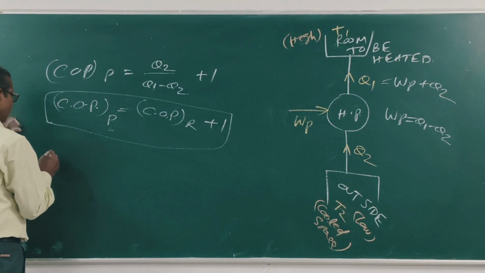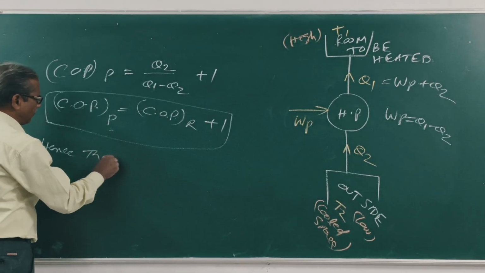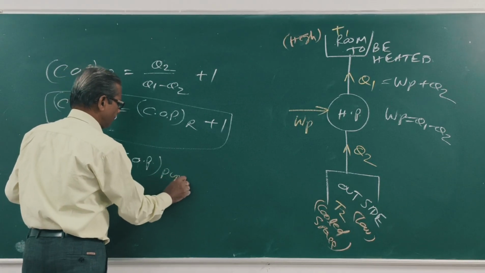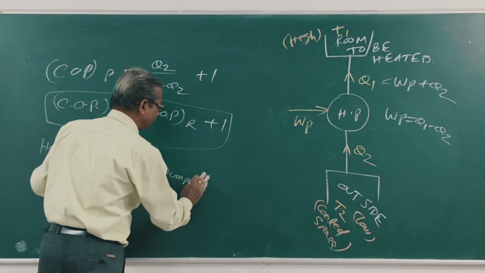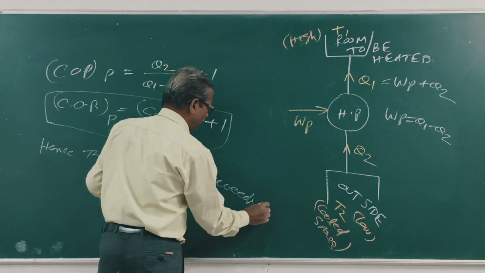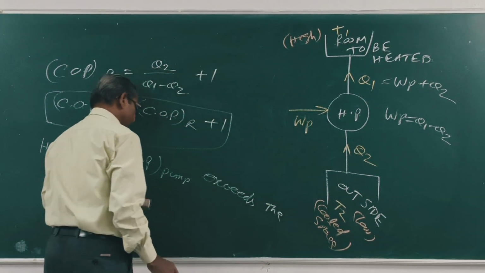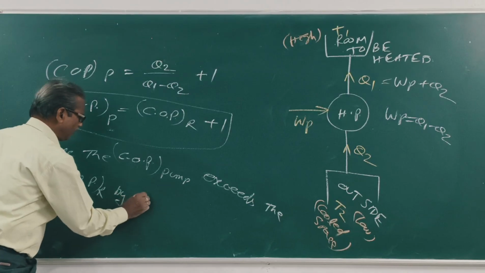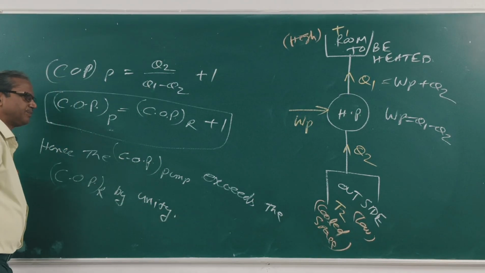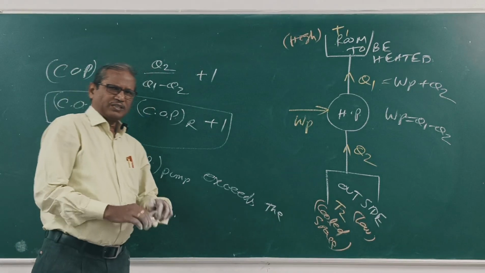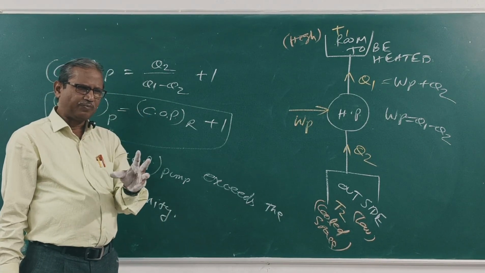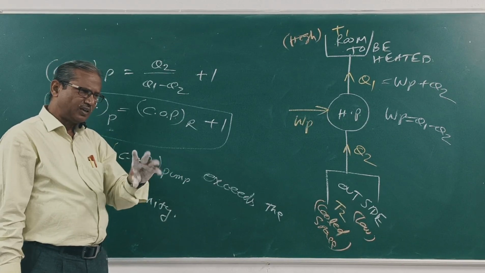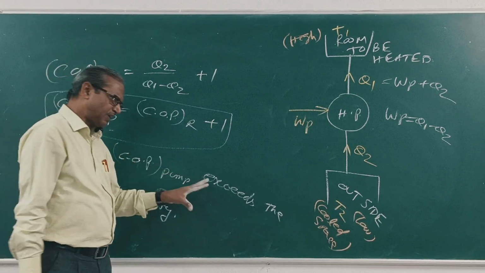Hence, the COP of a heat pump exceeds the COP of a refrigerator by unity, by 1. Right? When the same machine operates as a heat pump, its COP exceeds by 1 the COP when operating as a refrigerator. Clear?